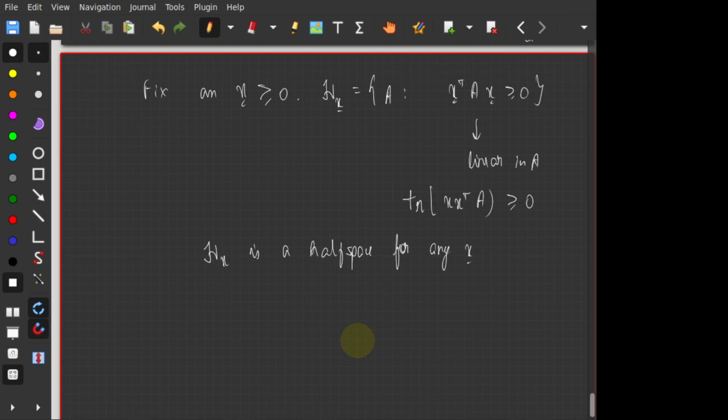Why not? Because it's a linear constraint. No, the trace has nothing to do with it. It's just because it's a linear constraint. It is just that this is a nicer way of looking at this because it's an inner product.